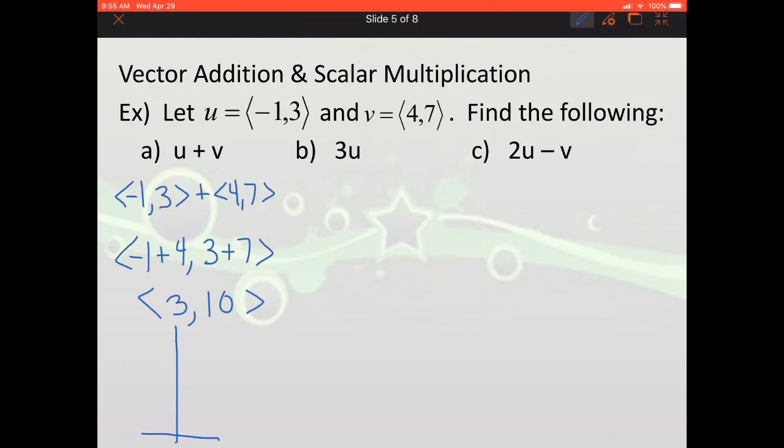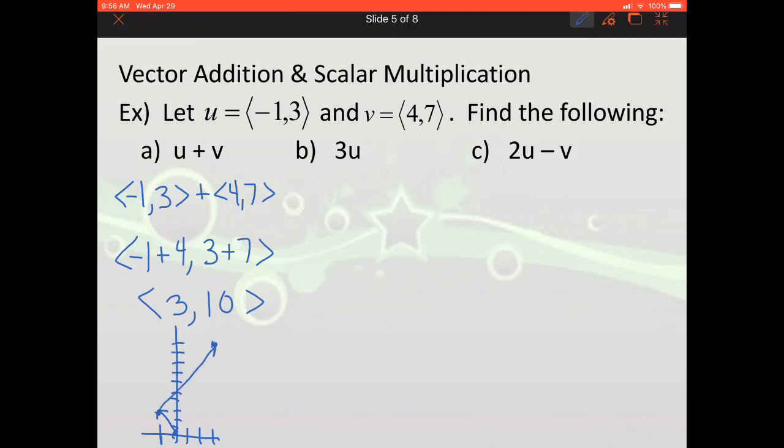So if I have vector u at <-1, 3>, and then I'm going to add v onto the end of it, I'm going to go right 1, 2, 3, 4, and then I'm going to go up 1, 2, 3, 4, 5, 6, 7.